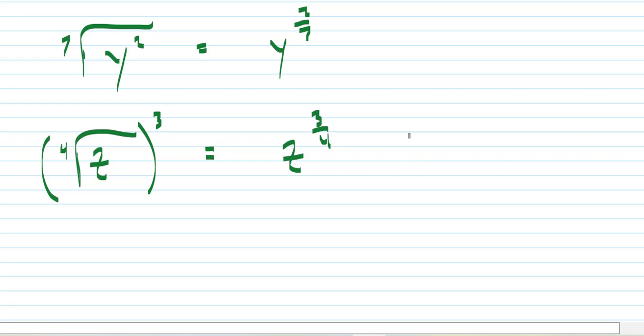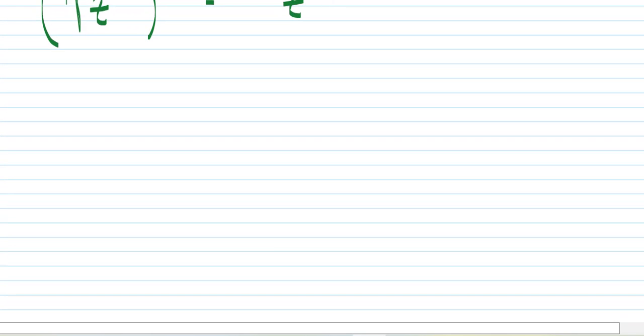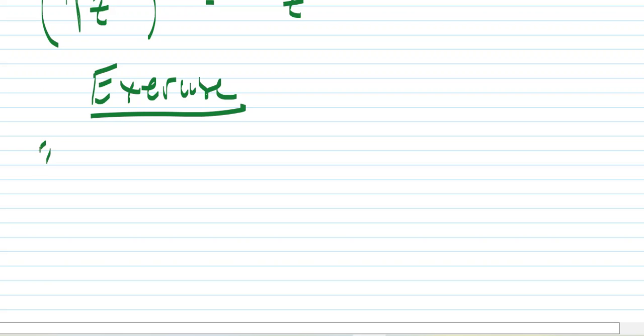Okay, I'm going to give you an exercise. I'm going to have a few problems here to do. I would suggest that you stop the video and do the problems, and then start the video and see how you did. So number 1, convert these to rational exponent form or radical form, whatever form they're not currently in.